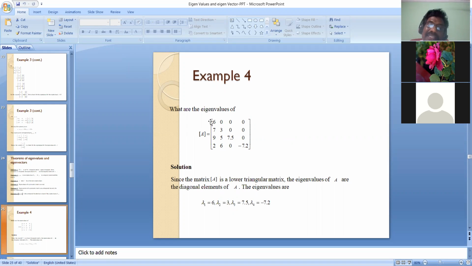If we expand this characteristic equation using the first row, we get 6 minus lambda into the remaining principal diagonal values: 3 minus lambda into 7.5 minus lambda into minus 7.2 minus lambda equal to 0.